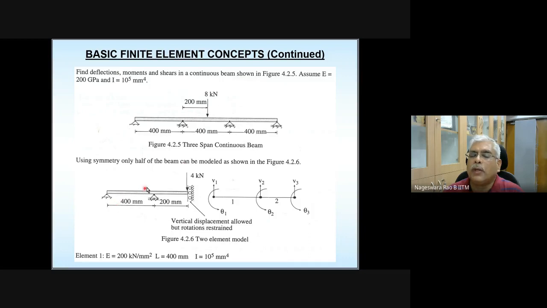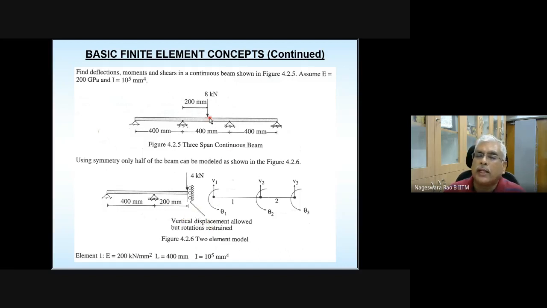So you assemble one element here, one element here, but you should be careful about imposing the boundary conditions, and also about how you are splitting the load. When you take symmetry, this 8 kilonewton goes into this as 4, and this as 4. So that also is split. And the symmetry boundary condition: what is it?